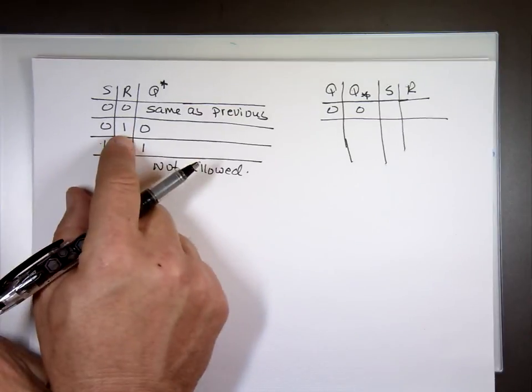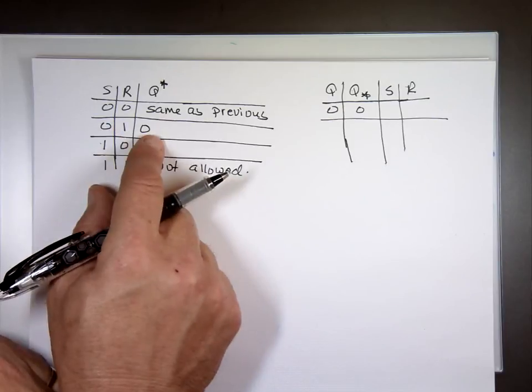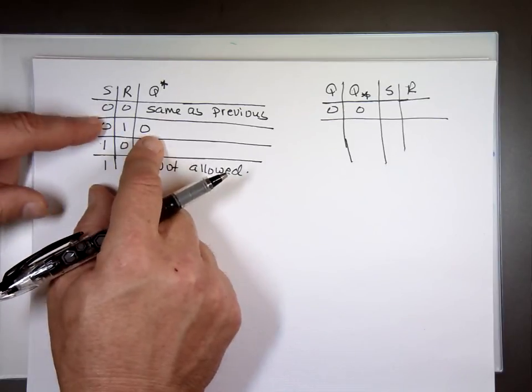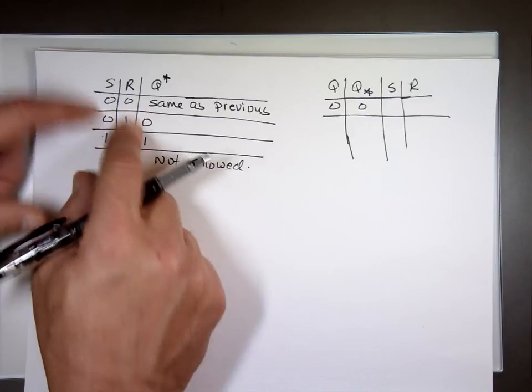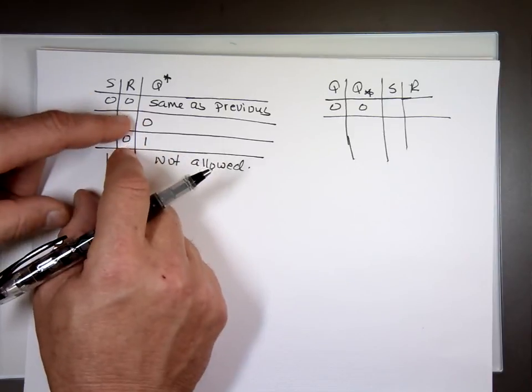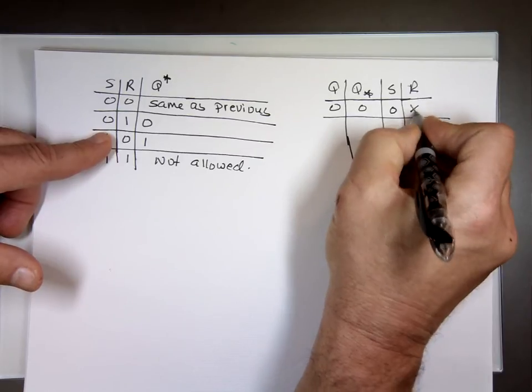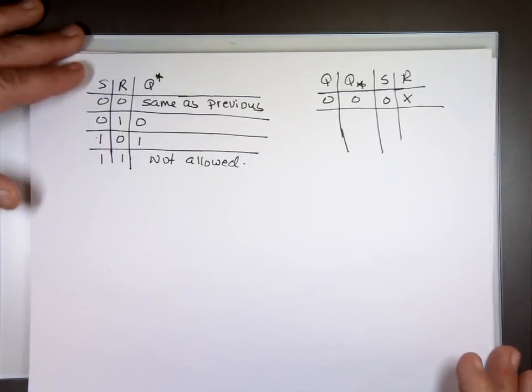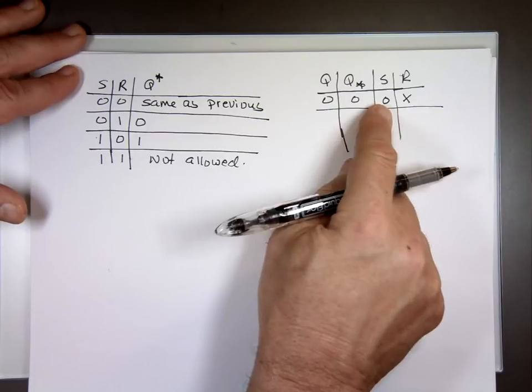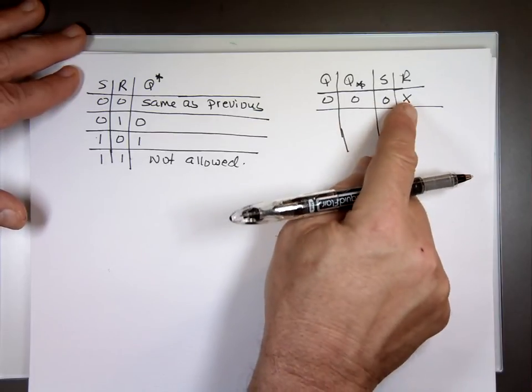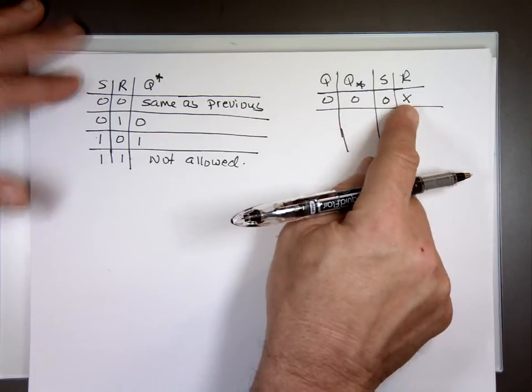So as long as S is 0, it doesn't matter what R is. You can see as long as S is 0, R could be 0 or 1. This is 0 and don't care. So as long as you put 0 here and you don't care what you put, you can make it 0, 0 or 0, 1. Either way will make the next state 0.